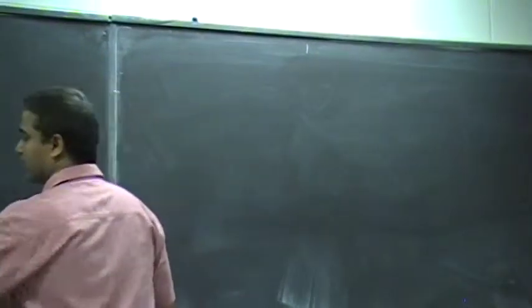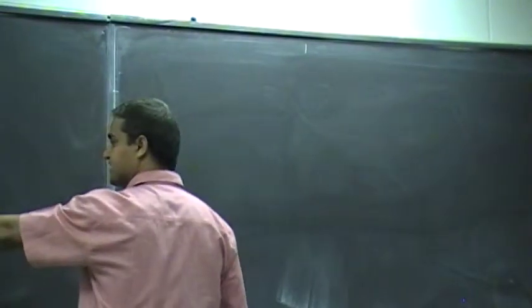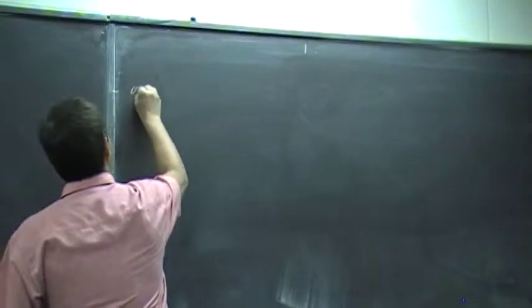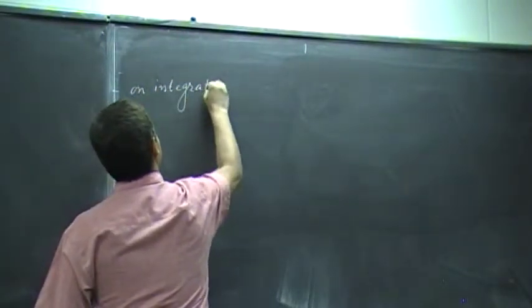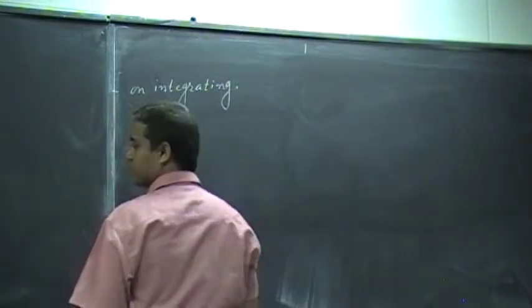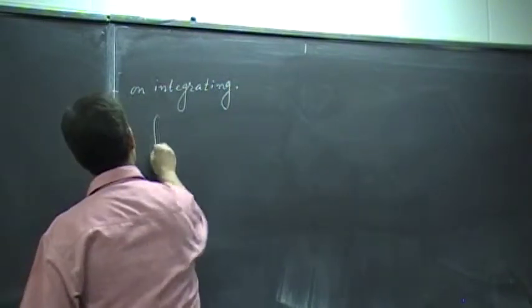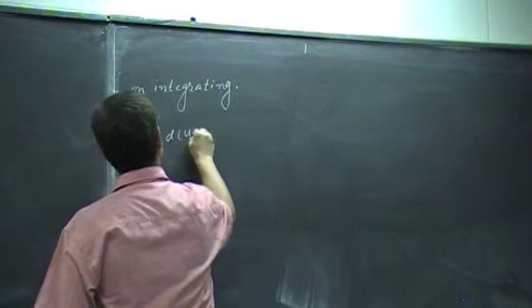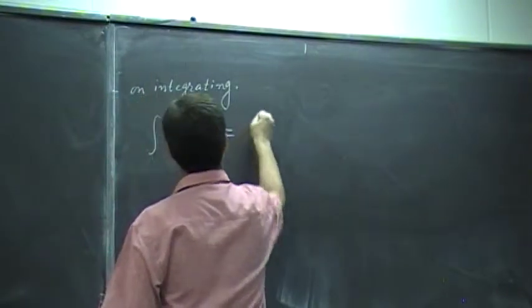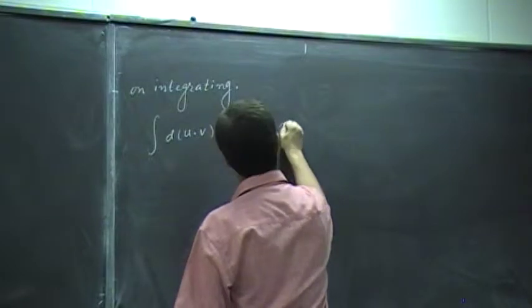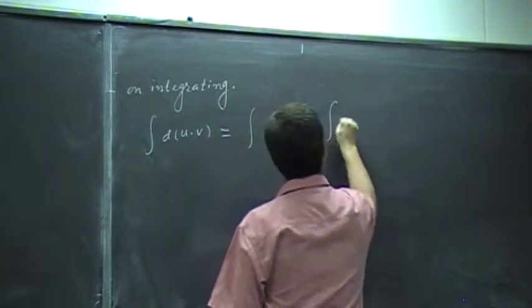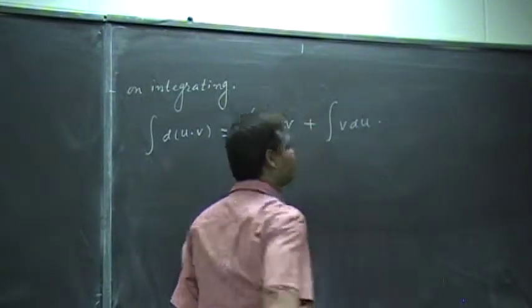Okay. Next, let's integrate. On integrating, what do we get? We get the integral of d(u times v) equals the integral of u dv plus the integral of v du, right?